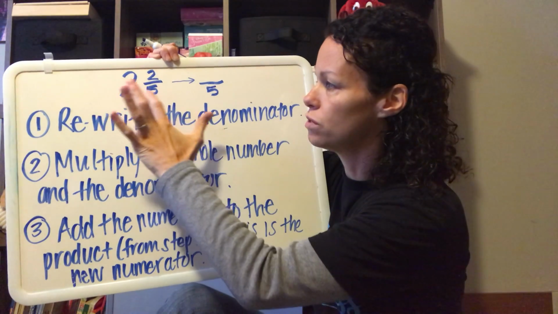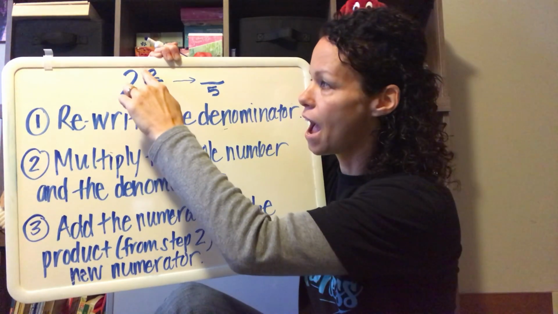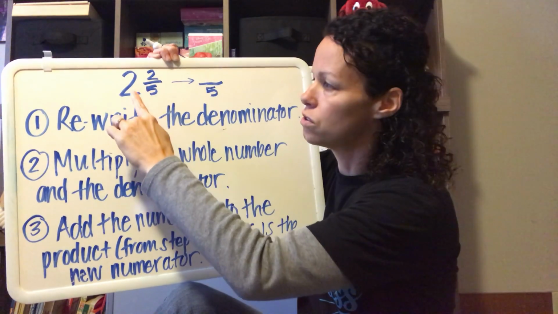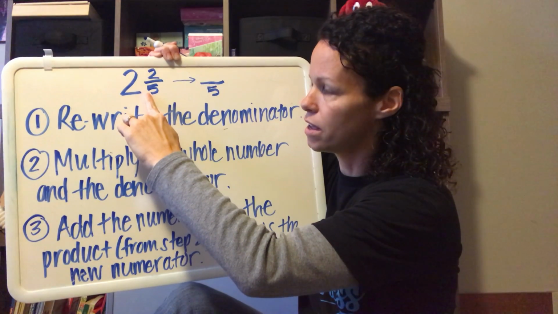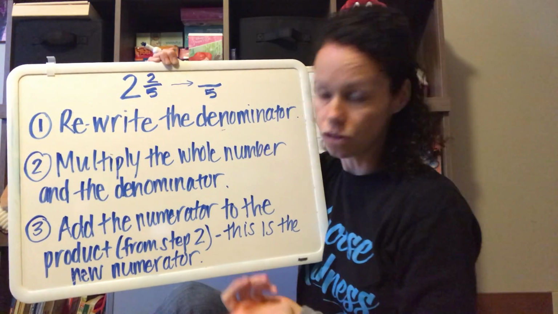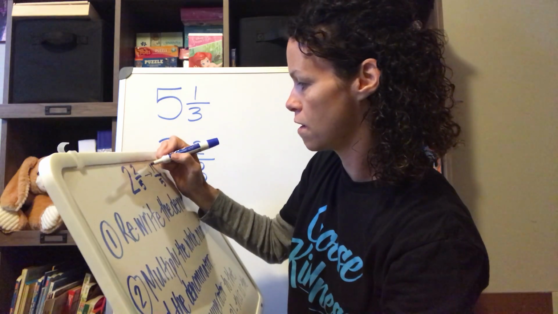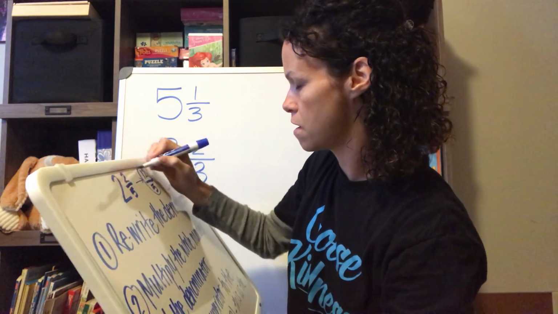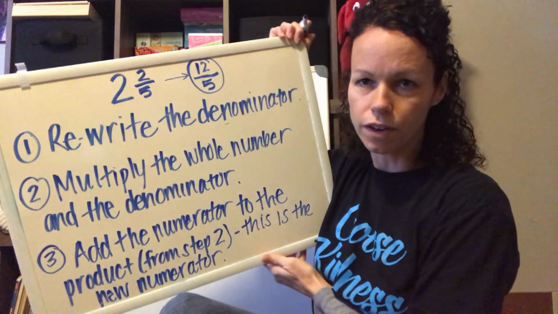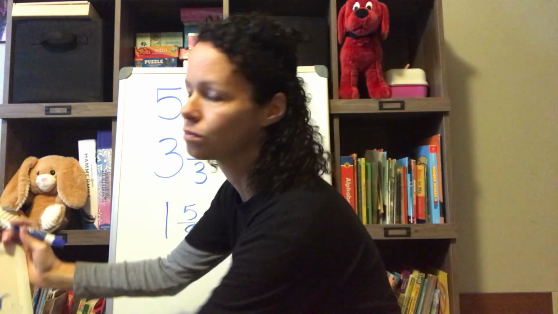So we just did 2 times 5, which was 10, and now we need to add the numerator of 2. If we add the 2, that's 12. So this is the new numerator. My answer here, 2 2/5, is equal to 12/5.